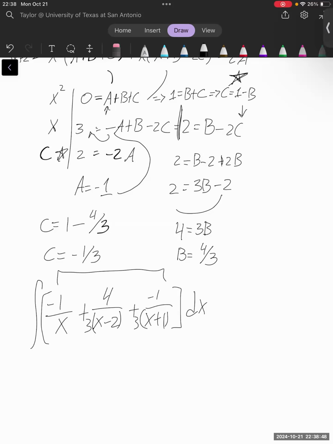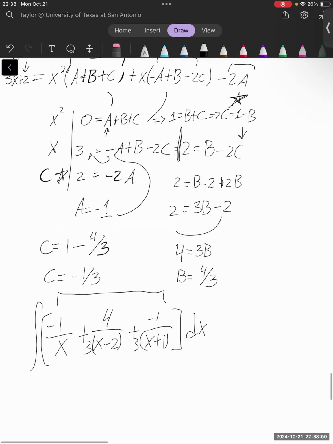The system of equations might take a second, but it's really just algebra. The easiest way to set it up would be kind of like this. We have our quadratic terms, our linear terms, and our constants.